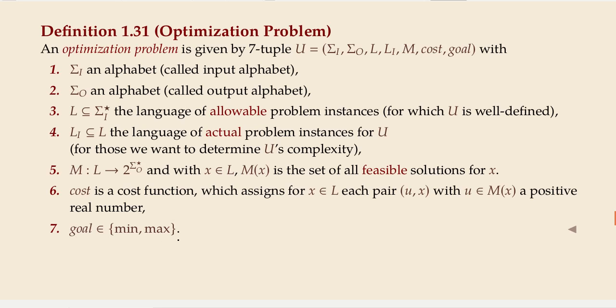And then you can also specify whether you want to find the smallest or largest of such values over all feasible solutions. I'll talk about this real number here in a second again, but for the general setting, we can just allow that. It's just the definition of a problem. It's not anything about computability up to now.